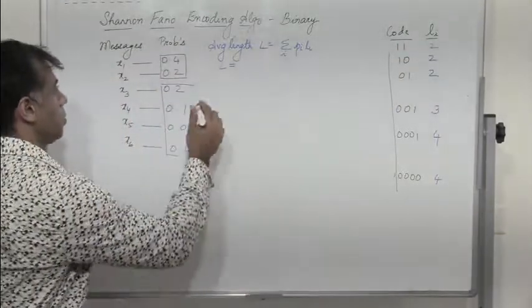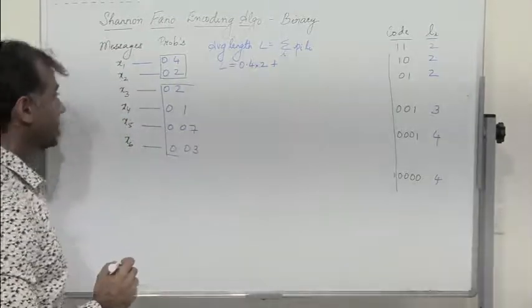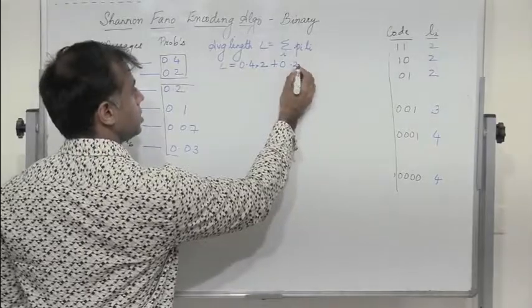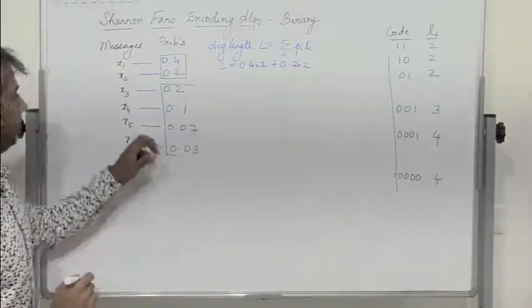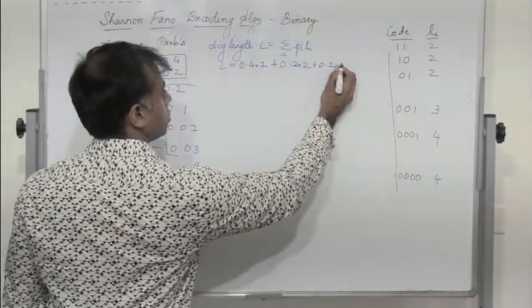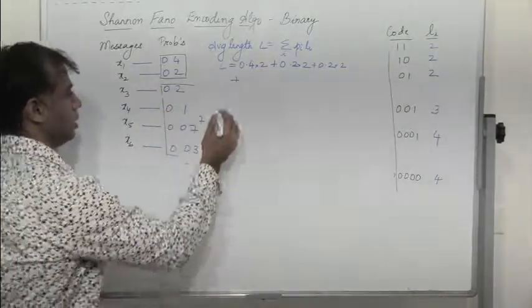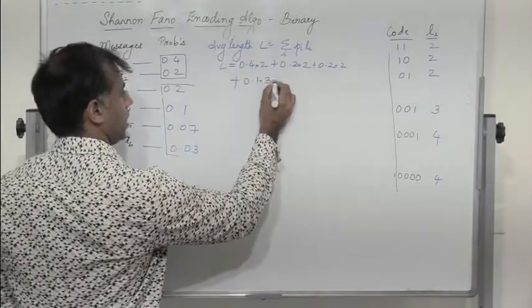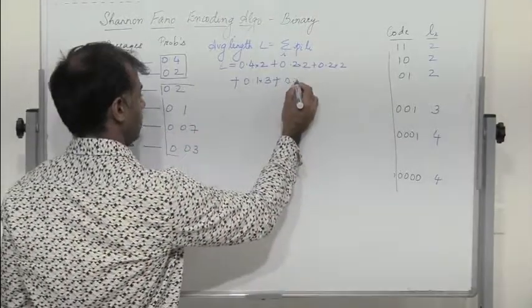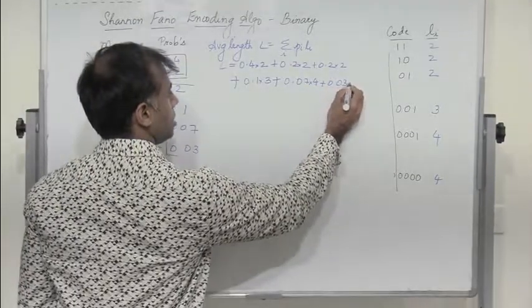So therefore probability 0.4 into 2 plus x2, probability is 0.2 into code length is 2, plus 0.2 into 2, plus for x4 it is 0.1 into 3, plus for x5 probability into length 0.07 into 4, plus 0.03 into 4.